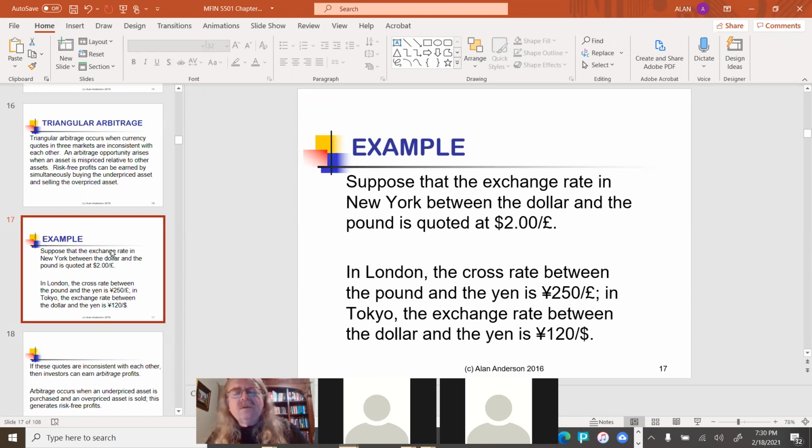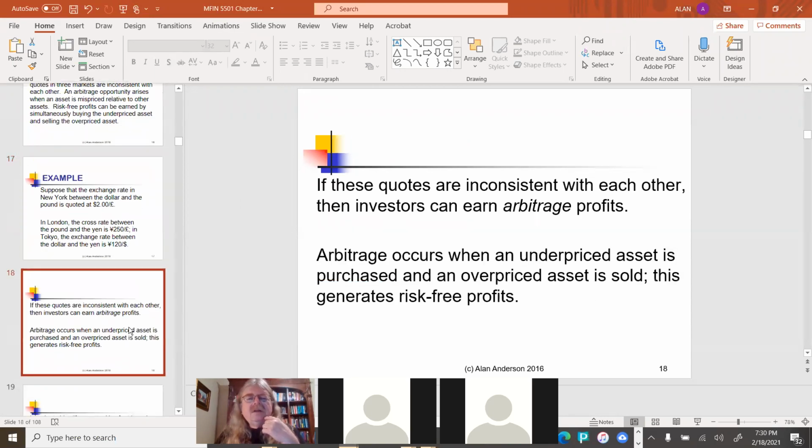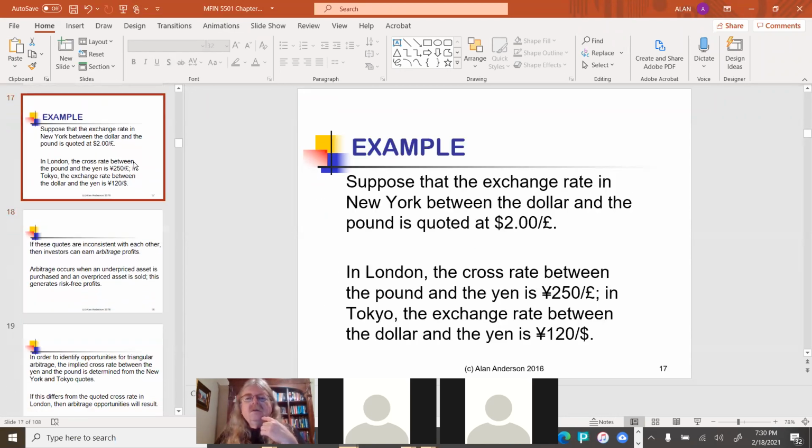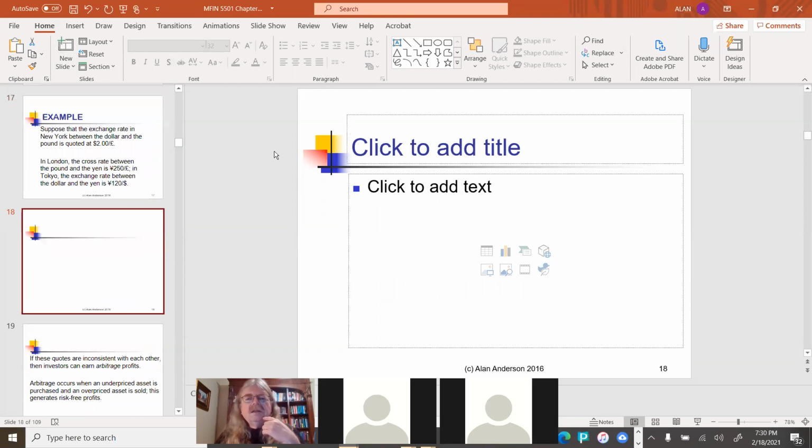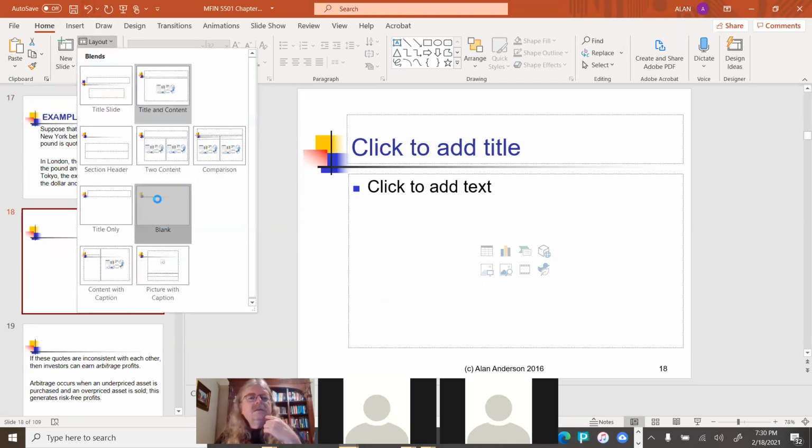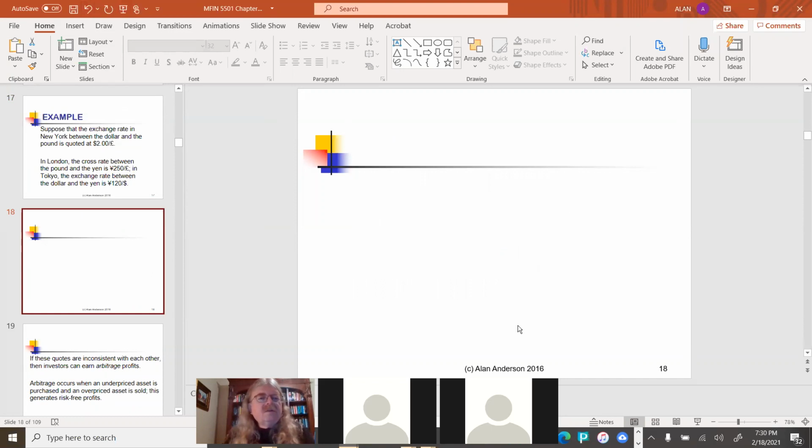Now, do you see anything wrong with those three quotes? Are they consistent with each other? Well, they're not consistent with each other, are they? How do I know that? Well, let's take a look. What if you had those two quotes? Let's bring them all together. So we have $2 per pound, and this is New York.